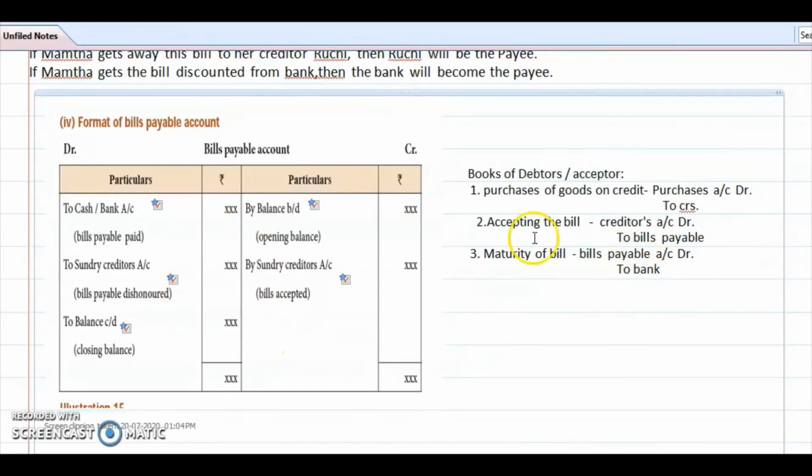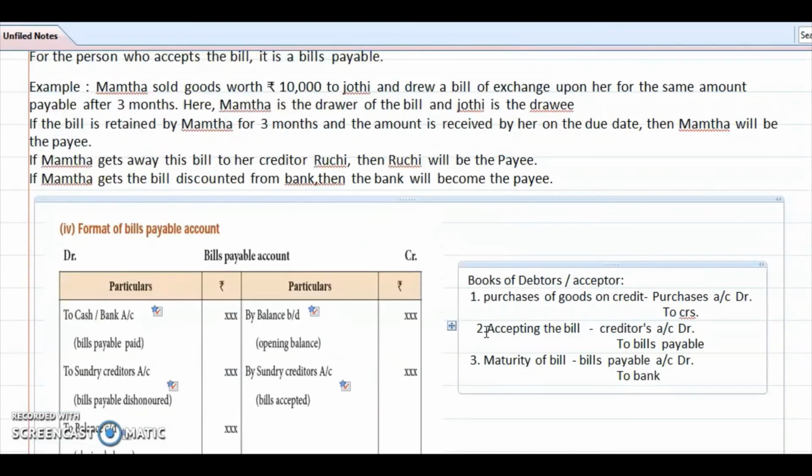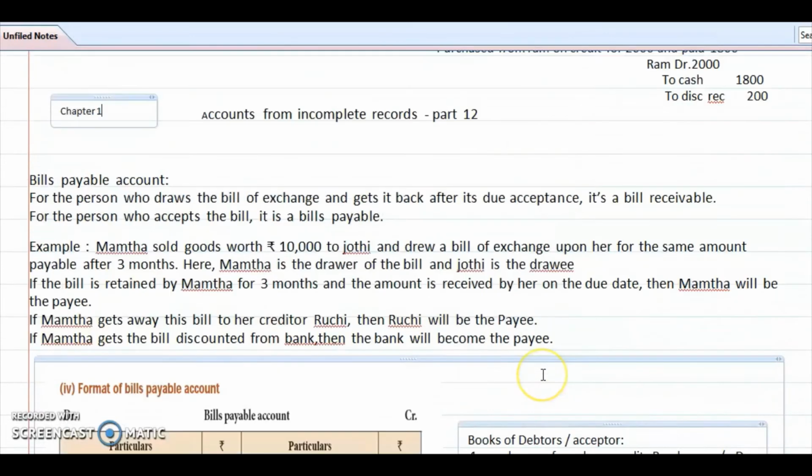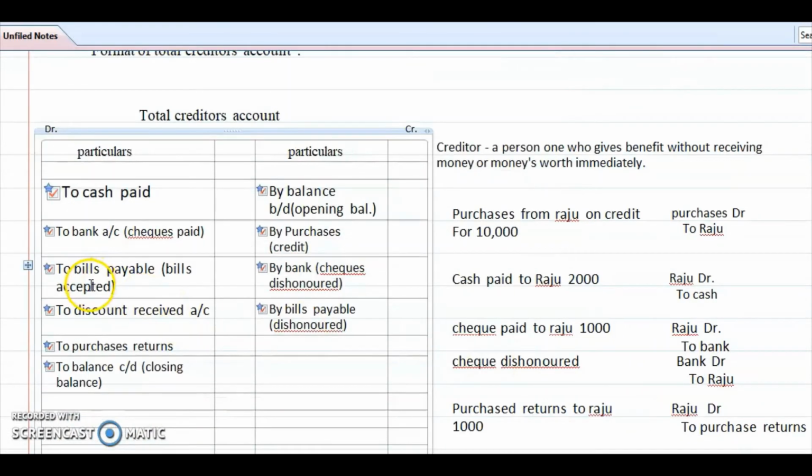Is it clear? Another thing, accepting the bills. We write here creditors account debtor to bills payable account. In bills payable account we have written by sundry creditors, on the credit side of the bills payable account. The same way, in the creditors account we also have to write. To bills payable account is credit, so we have to write it on the debit side.